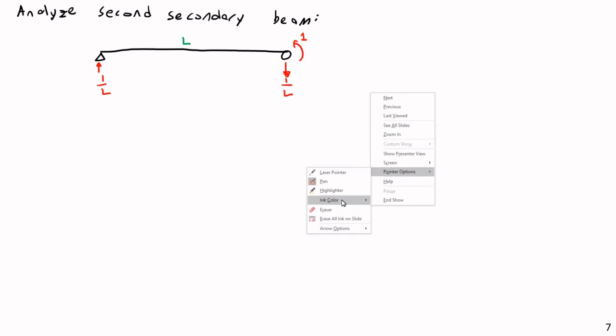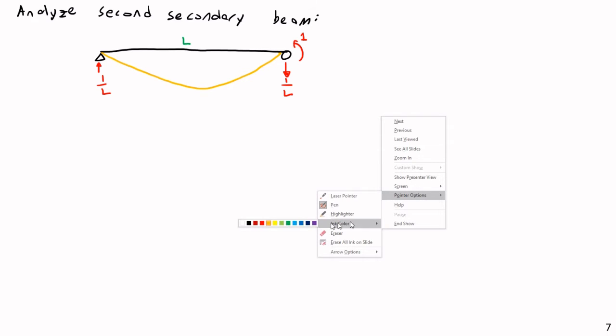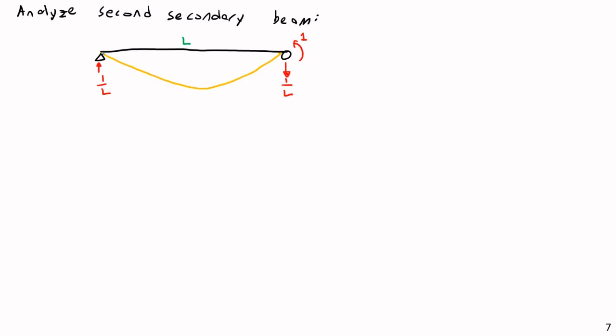Then let me go ahead and show the deflected shape just like I did previously. So the deflected shape looks something like this. Again, if I can manage to draw a continuously curved line in this case. Good enough. And what I really want to do is provide the labels for the rotations.